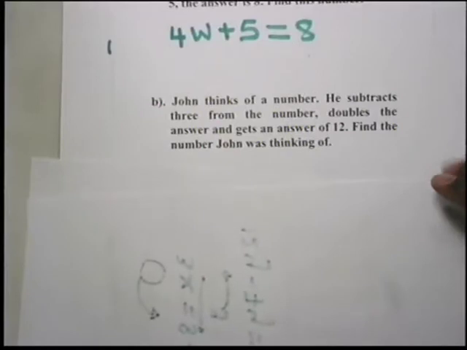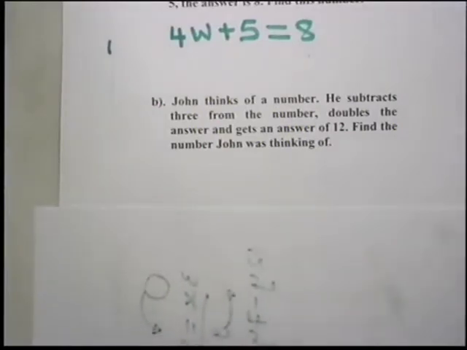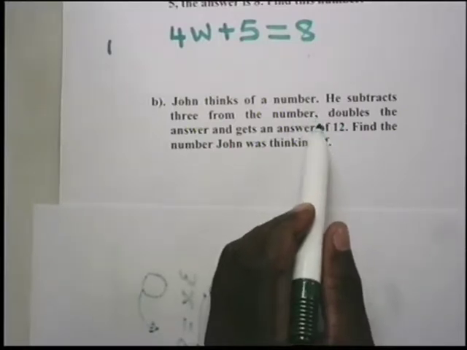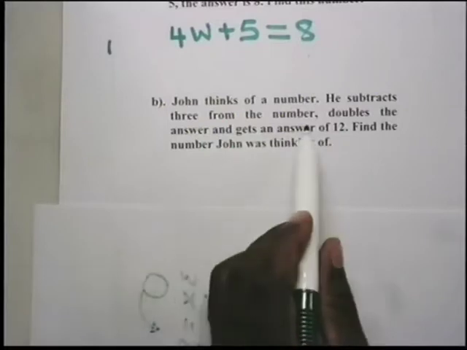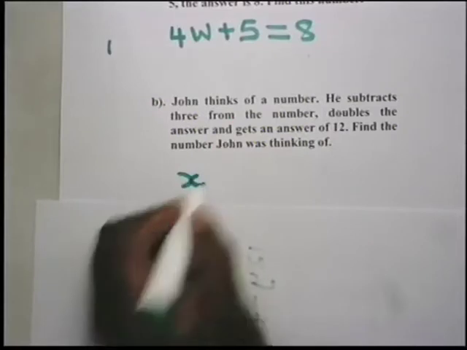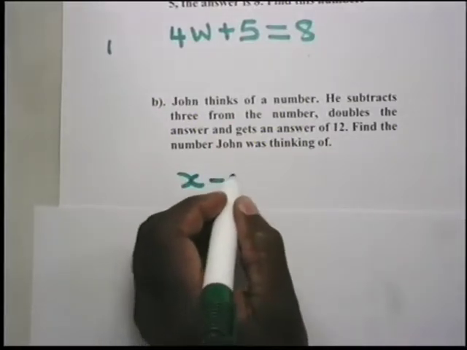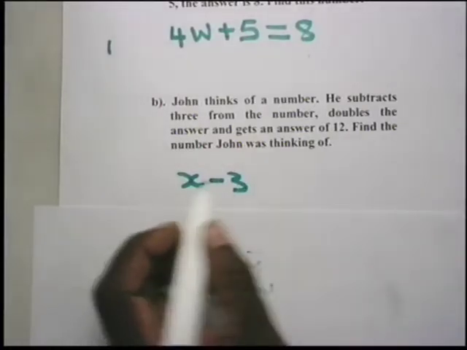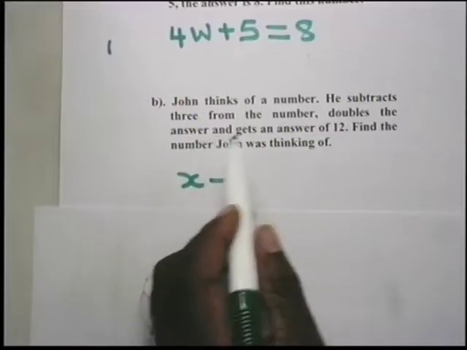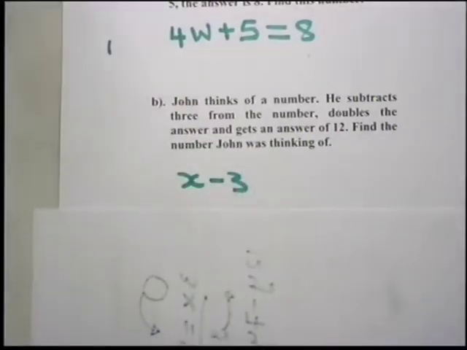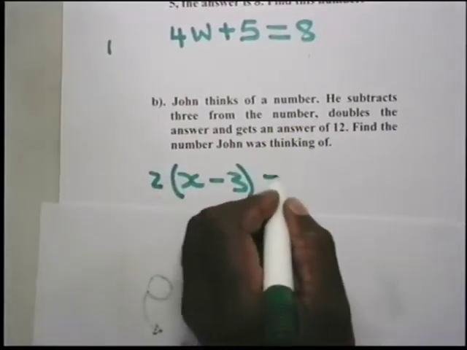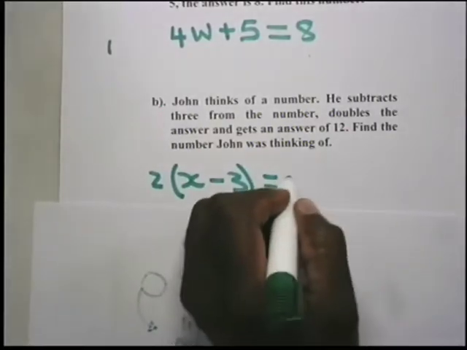Suppose we are given another problem. We are told that John thinks of a number. Let that number be x. He subtracts 3 from the number and doubles the answer that he gets. Then the answer that he produces will be 12.